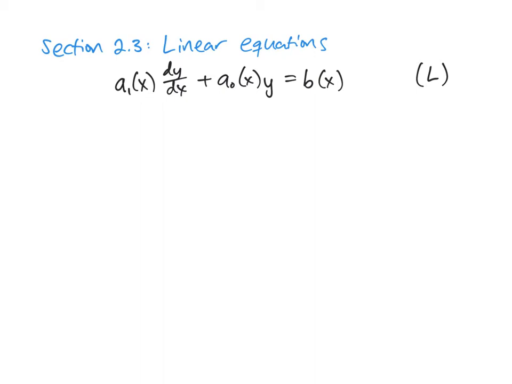So let's do a little bit of a review and see why this is a linear first order equation. So first of all, here are the things that have y's in it. It has only one derivative, so this is why it's first order. It's got one derivative of y and then just a y by itself.